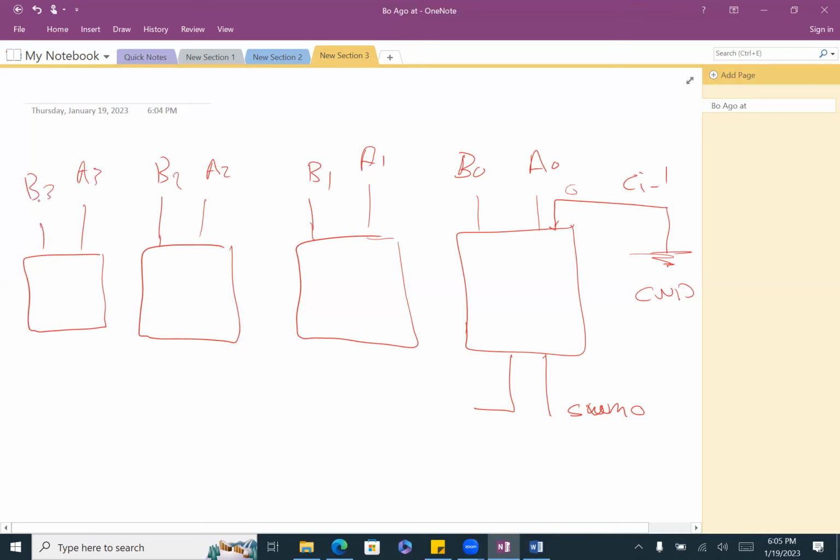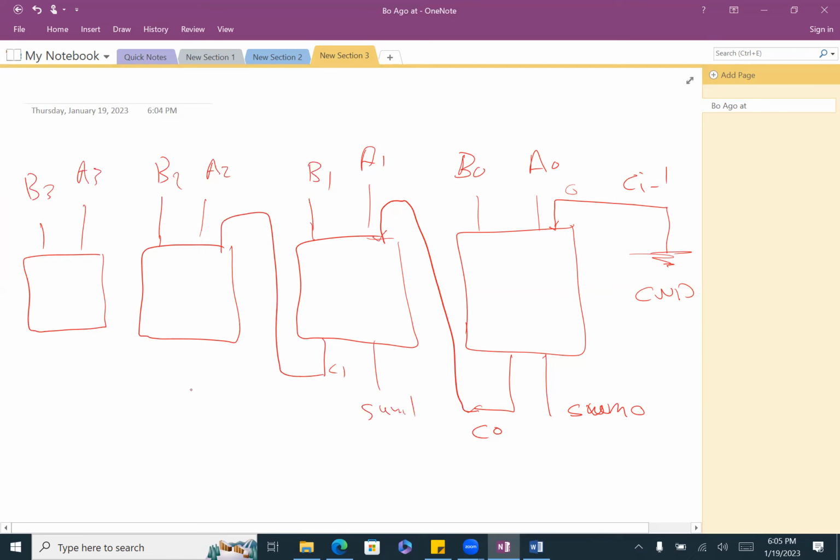Perfect. What else do we have? We need carry, correct? And usually the carry comes from the previous stage. That's C0, so this one will come as input here. And what we will have as output here is sum of 1, and it will have carry of 1. And this one is going to go to the next stage.